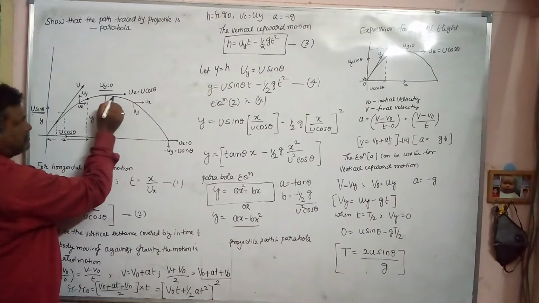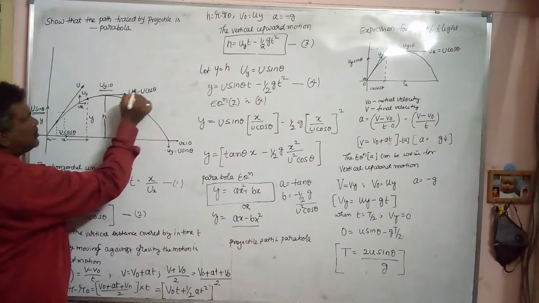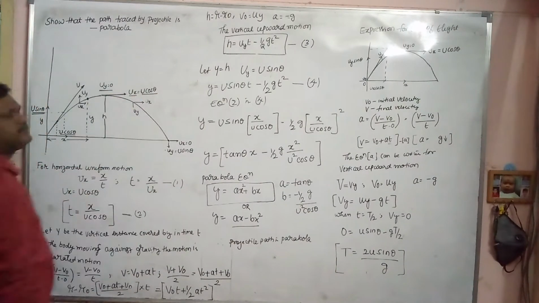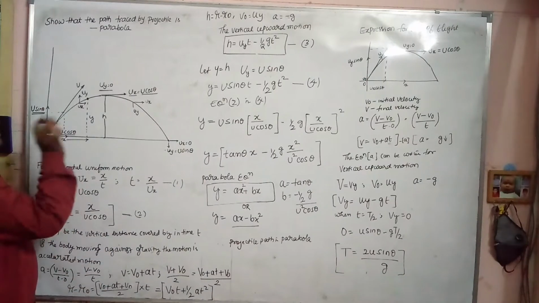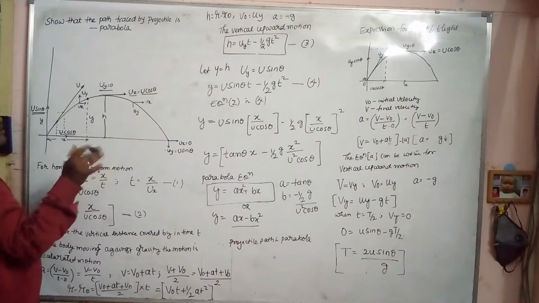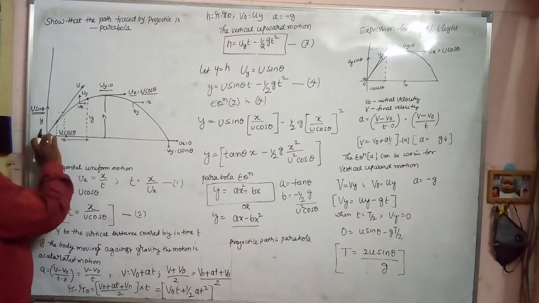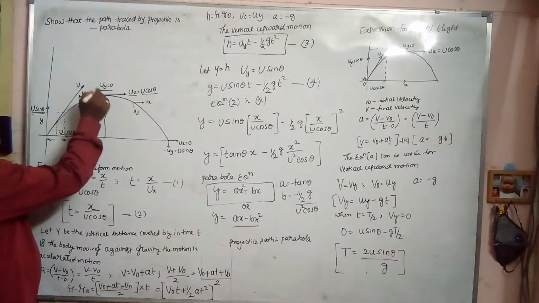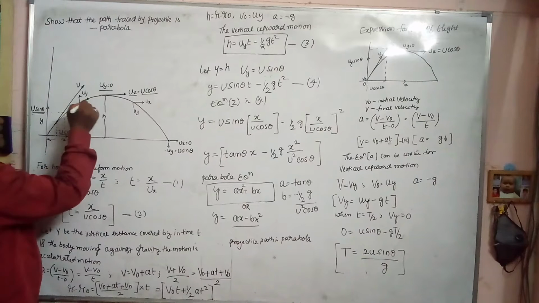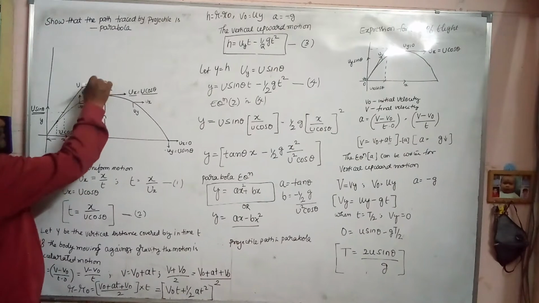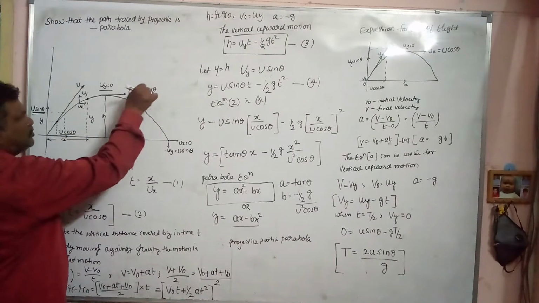It's moving. That is ux equal to u cos theta. I told you the horizontal component is u cos theta, the vertical component is u sin theta. Here u cos theta and u sin theta exist at every point. As it reaches its maximum height, uy is equal to 0, ux is equal to u cos theta.